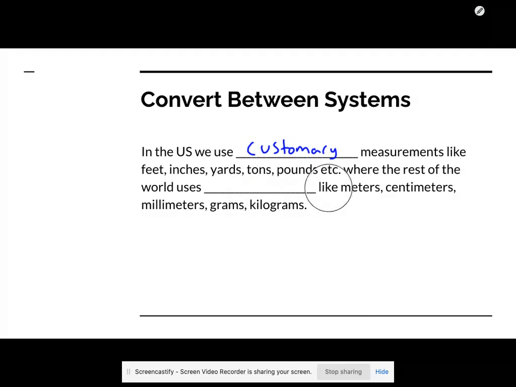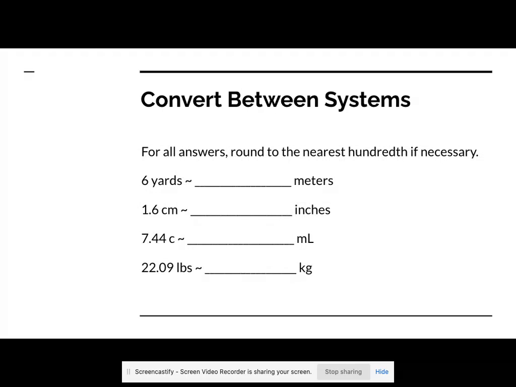And there are some things in the United States where we have to use that. The most common one for me would be track and field. At the college level, they do everything in metric measurements, where even in high school, we still only use customary.